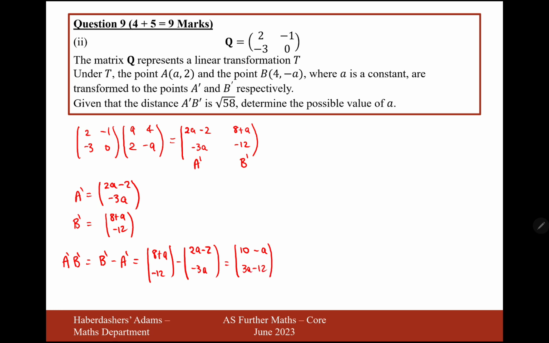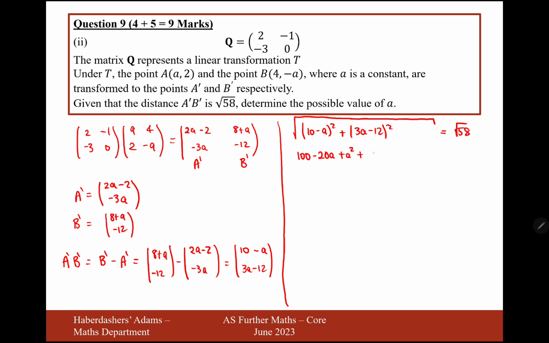Right, now we know that the magnitude of this distance is root 58. We've done a question like this already this video. The distance of 10 minus a squared add 3a minus 12 squared is equal to root 58. So we'll cancel out the square roots on both sides, and then we're going to expand these brackets. 100 minus 20a, add a squared, plus 9a squared minus 72a, add 144 equals 58.